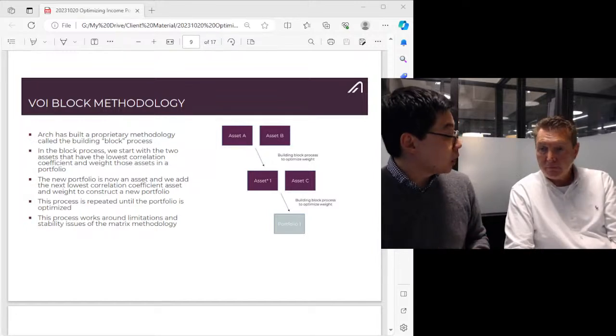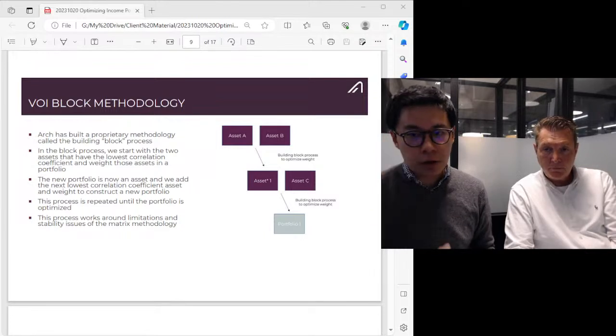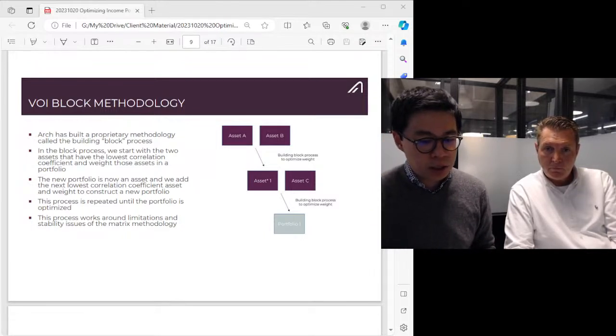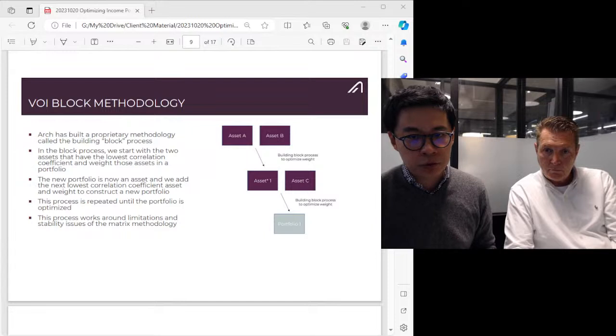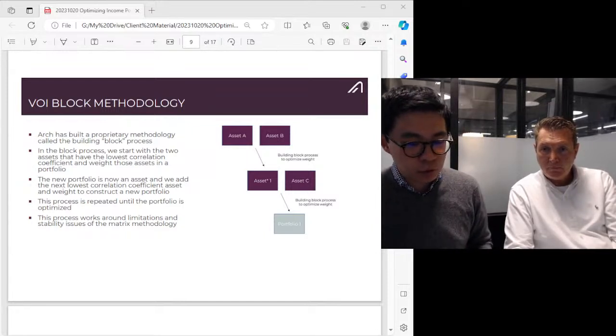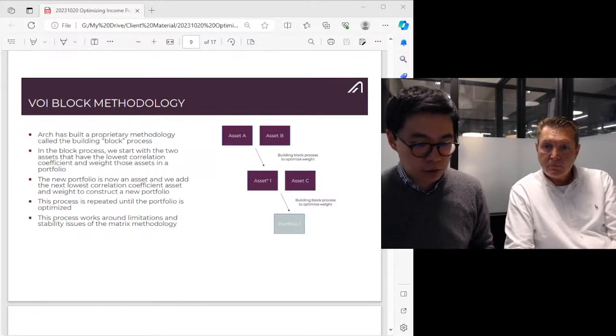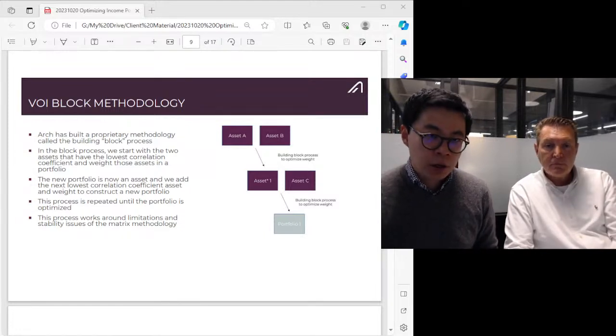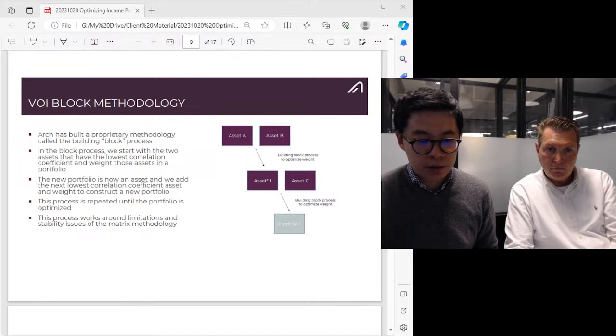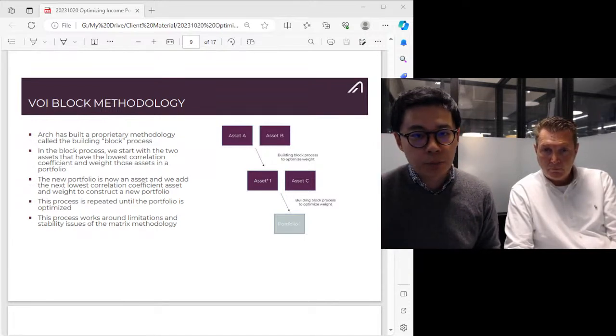It's actually the vast majority of optimizers out there, and many of its flaws were highlighted in a paper called Honey, I Shrunk the Covariance Matrix, published 2 decades ago. The matrix optimizer is actually a pretty limiting tool in terms of the number of assets it can handle and stability issues. So within VOI, we built a second process, which is a recursive process. We call this the building block methodology.